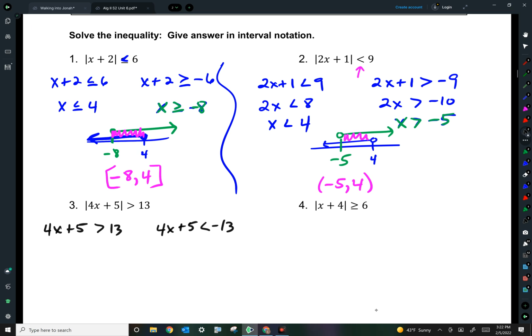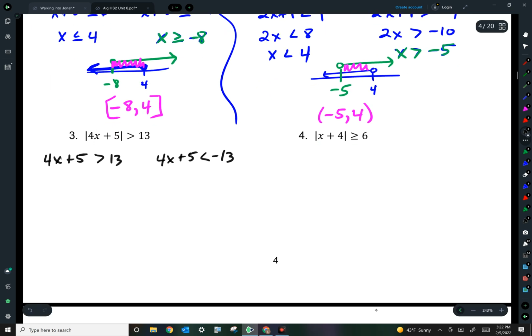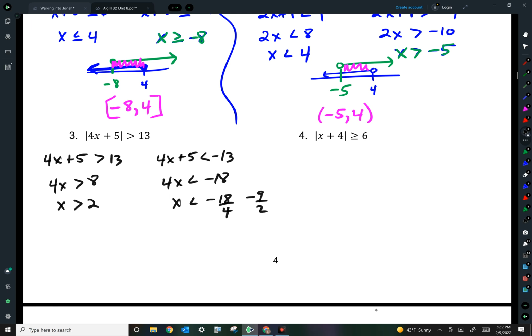Okay? So we solve our two equations. So subtract 5. That's going to be 8. Divide by 4. That's 2. Okay, again, solve the second one. Subtract 5. It's going to be -18. Divide by 4. So I'm going to have -18 over 4, but I want to simplify that to be -9/2.